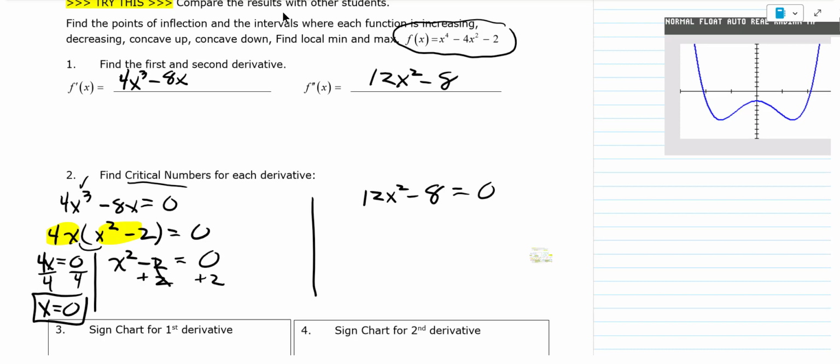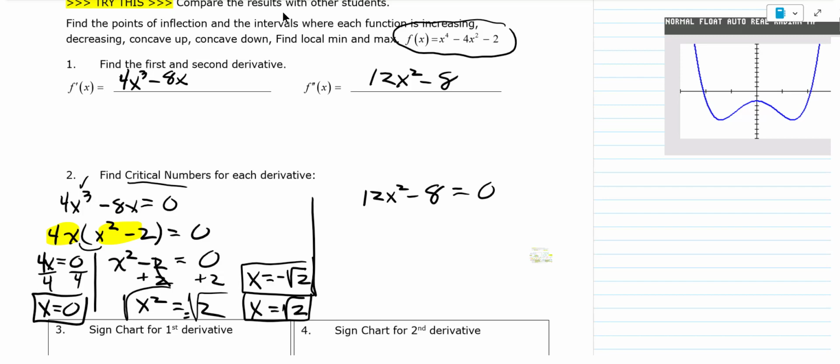You just isolate, and then what do you do to both sides? How many answers do you get? 2. That's another question that a lot of times students just forget about. You have the plus minus. So you also have these critical points. You have negative root 2 as another critical number, and x equals square root of 2 is another one.